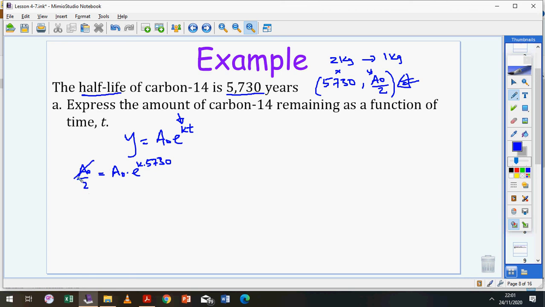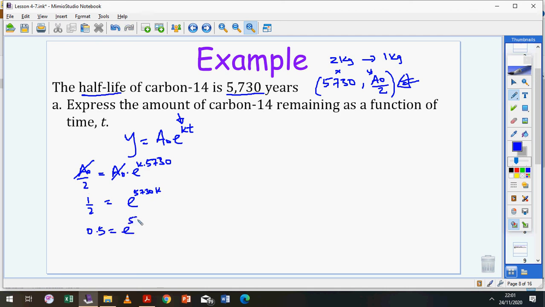Half is equal to e to the power 5730 k, not t, because the t is 5730. This is 0.5 equals e to the power 5730 k.